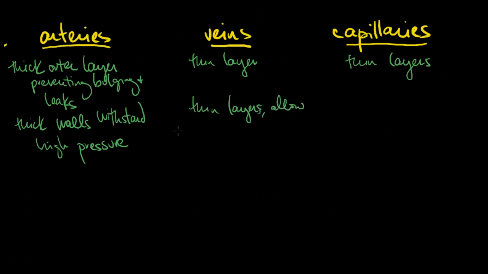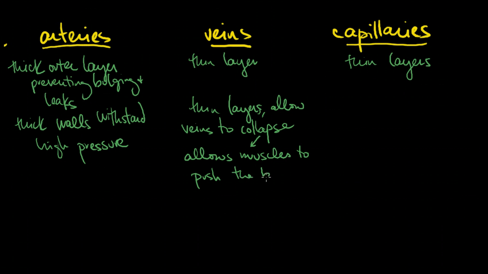The thin layer here in the veins allows veins to collapse, which sounds terrible, but it's a good thing because it allows your muscles to push the blood through. So think about what happens if you sit for a really, really long time.